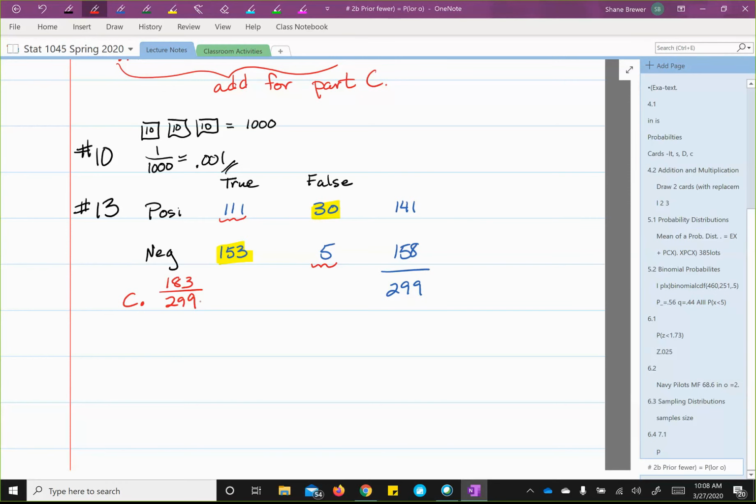Next one I see is 14. Express the indicated degree of likelihood as a probability between 0 and 1. When using a computer to randomly generate the last digit of a phone number to be called for a survey, there is a 1 in 10 chance that the last digit is a 0.